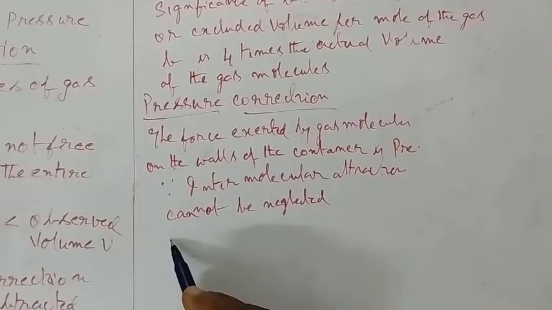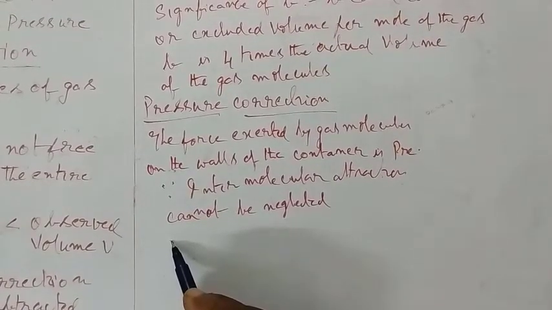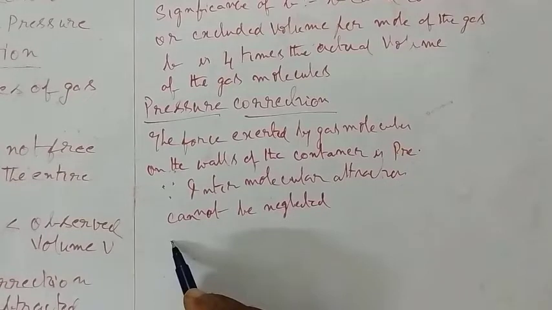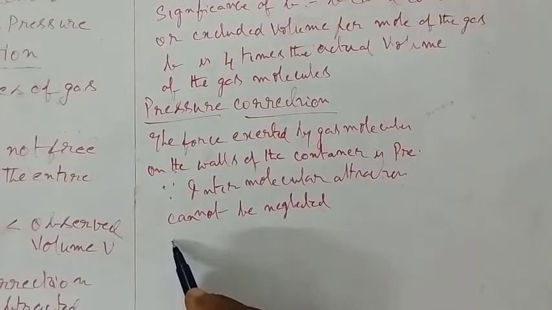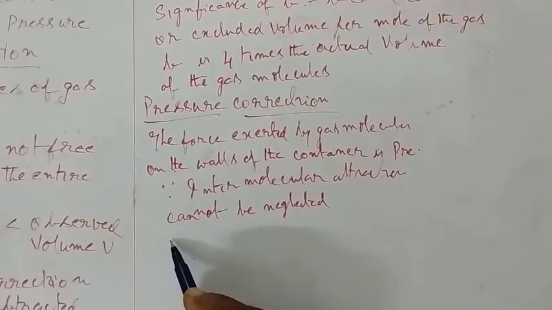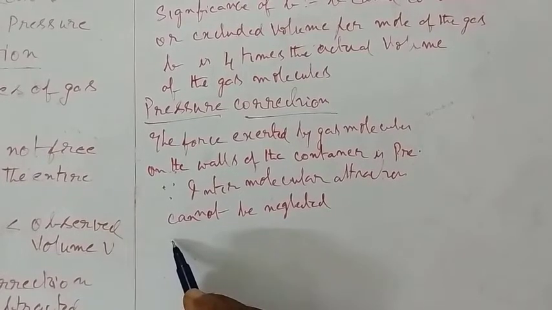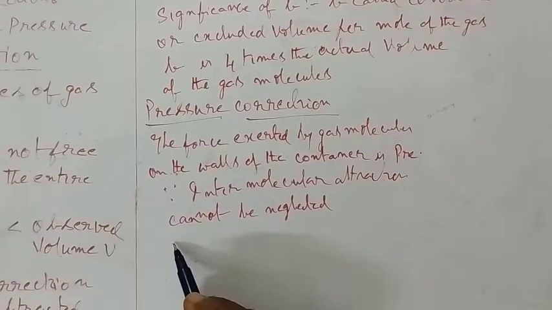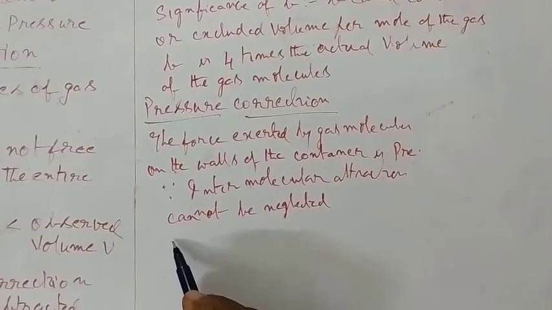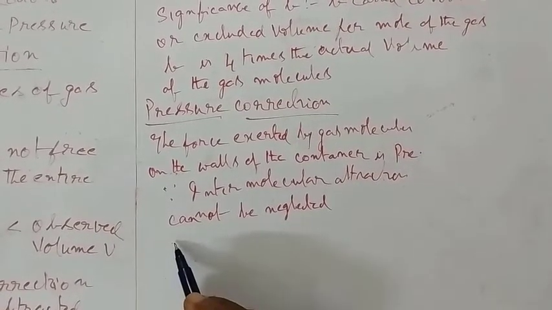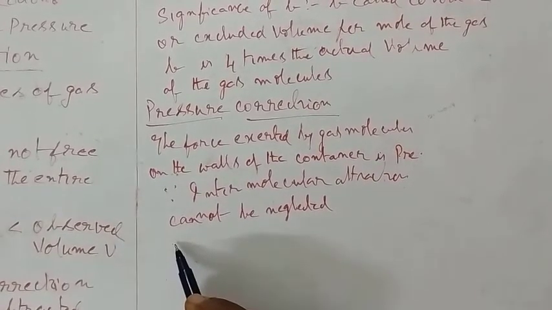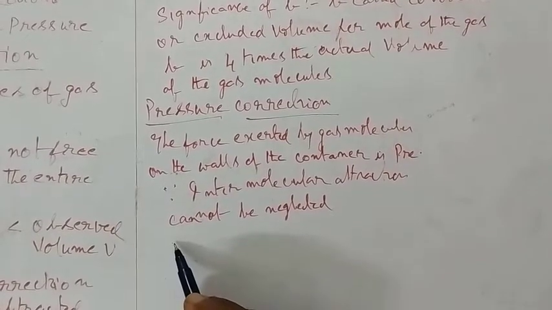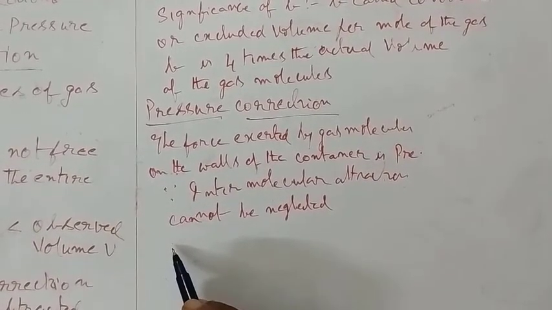This is true when the real gas behaves as an ideal gas, that is at low pressures and high temperatures. But when the conditions are reversed, that is when the pressure increases and temperature decreases, the molecules come close to each other, due to which the molecular distances decrease and intermolecular attractions increase. Therefore, these intermolecular attractive forces cannot be neglected while we discuss the pressure exerted by the gas.